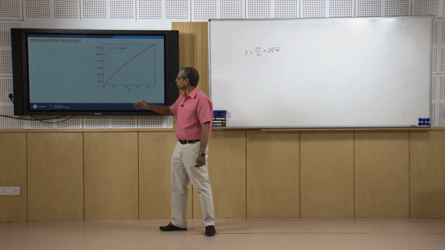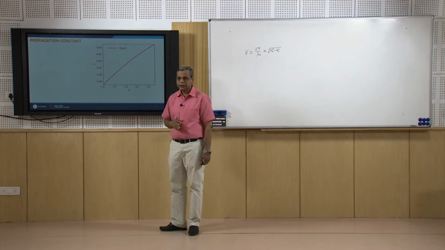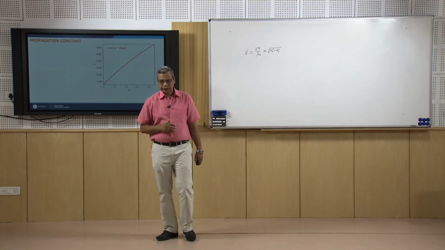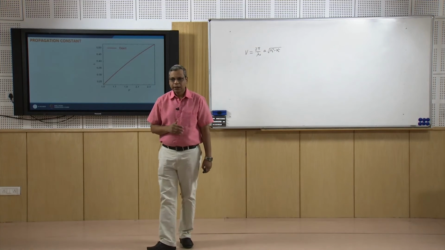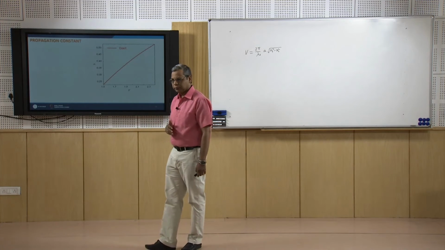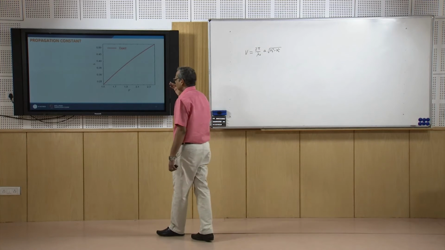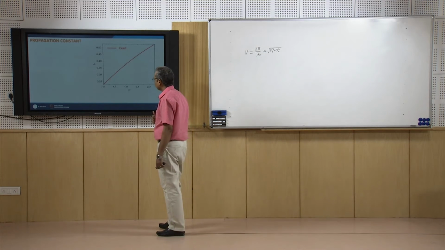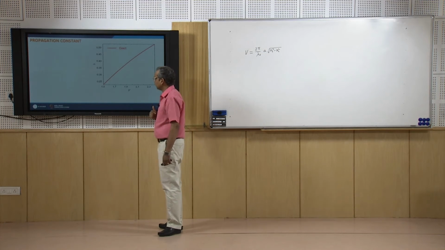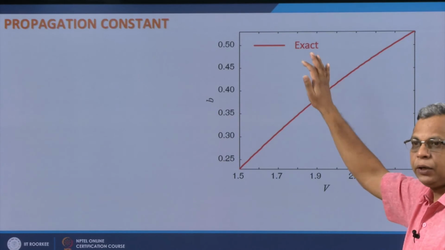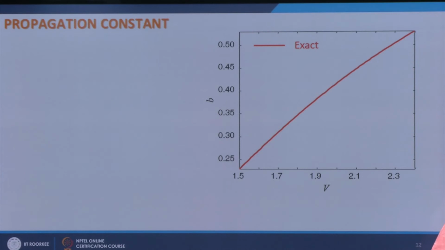I have obtained this by solving the transcendental equation corresponding to L equal to 0 mode and extracting the first root, which corresponds to LP01 mode. So, this means numerically solving the transcendental equation or eigenvalue equation. So, it goes like this.